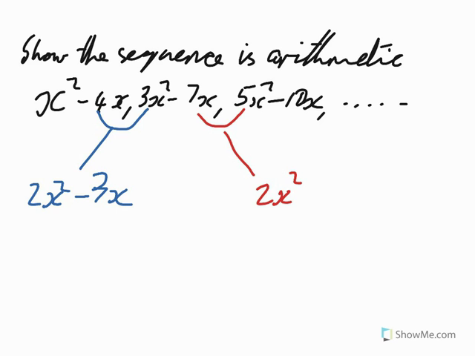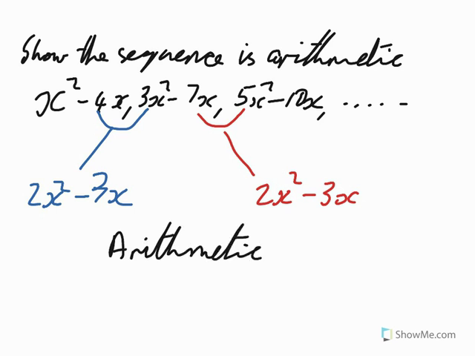We then got negative 10x and we're taking away negative 7x, so negative 10x plus 7x is minus 3x. And those two are the same, so therefore it is arithmetic. Okay, so that's all you need to do, just check that.